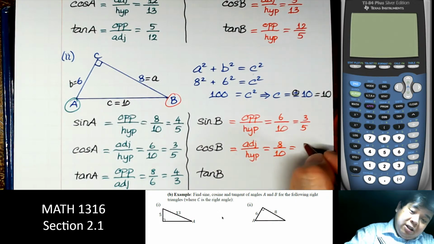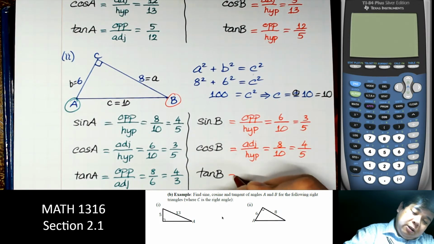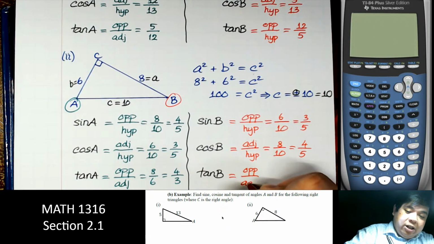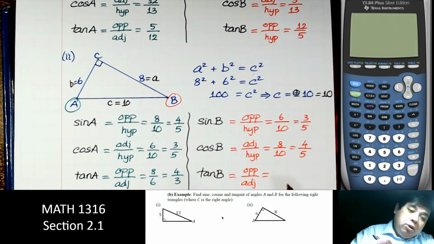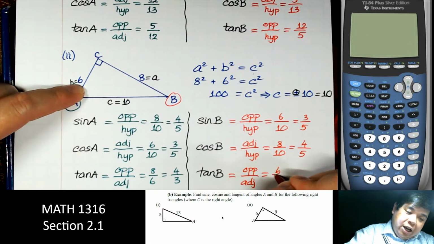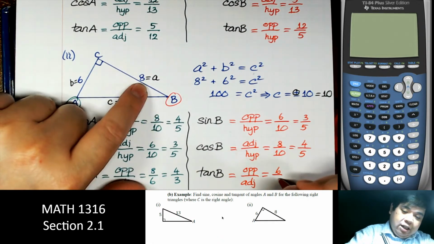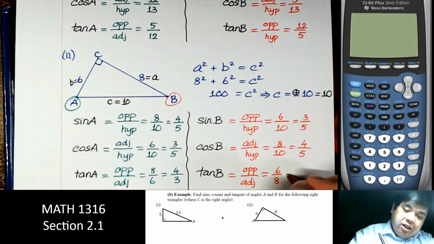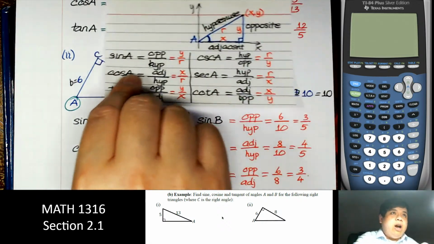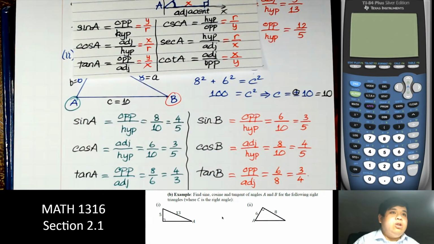Hypotenuse is still 10. And opposite over adjacent. Opposite with respect to angle B is 6. Adjacent to angle B is 8. Hypotenuse is 10. So it should be easy. We just have the definition using the right triangle trigonometry. Just that.